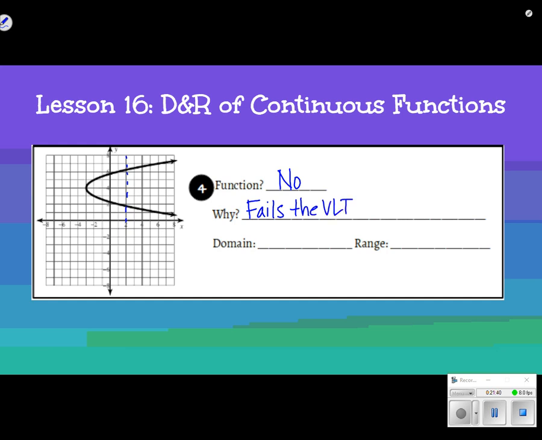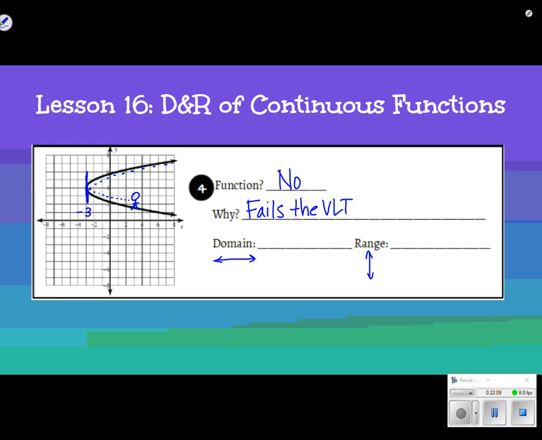All right, domain, how far left and right? Range, how far down and up? So let's see, how far left can this go? Looks like this is the furthest left. If I put my person on there, they're going to hit this, and then if they're like Spider-Man, they can go up on the ceiling. But they're going to hit this point, and they're not going to go any further left than it looks like -3.